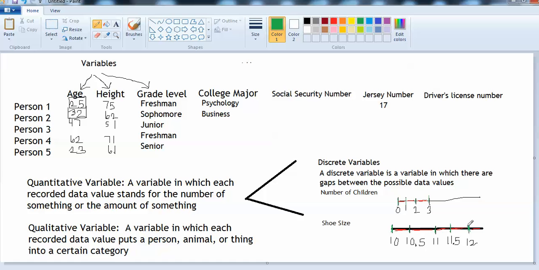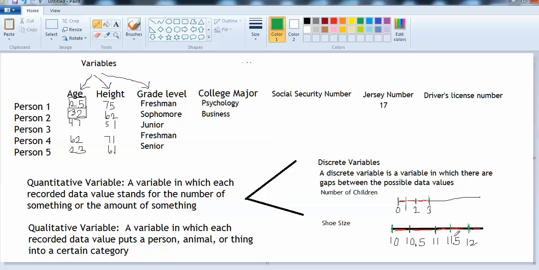If you're asking people, how much milk do you buy each time you go to the store? A person might say, I buy 10 gallons of milk, or 10.5 gallons of milk.